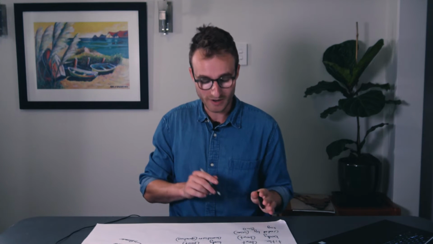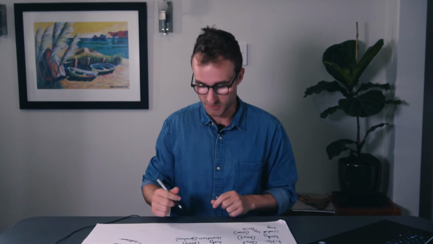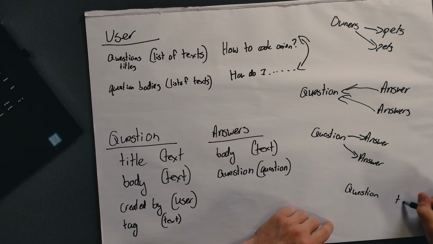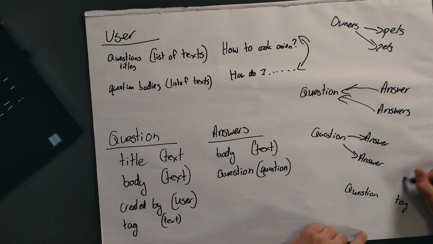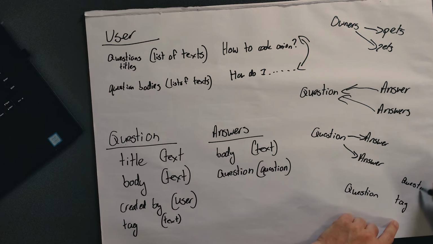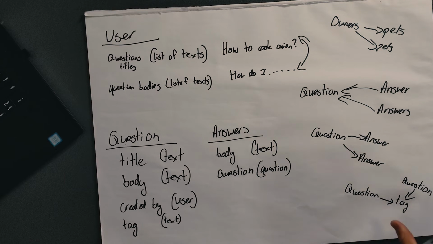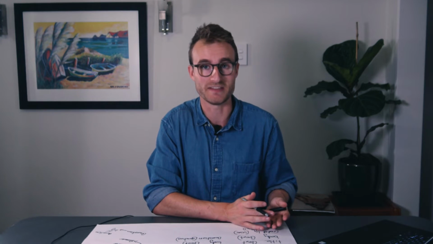So when we're creating these kind of intermediary objects, we've got a question, we've got a tag, we've got another question. It's better for this to exist as its own data type so that we can easily find all of the questions belonging to a single tag simply by finding that tag in the database, and then we can extract all that relationship data that we want.